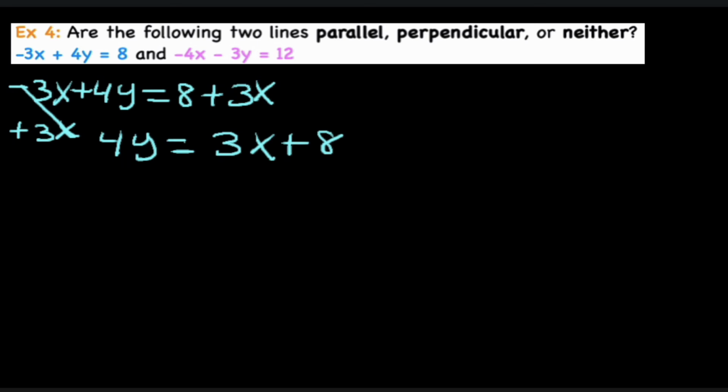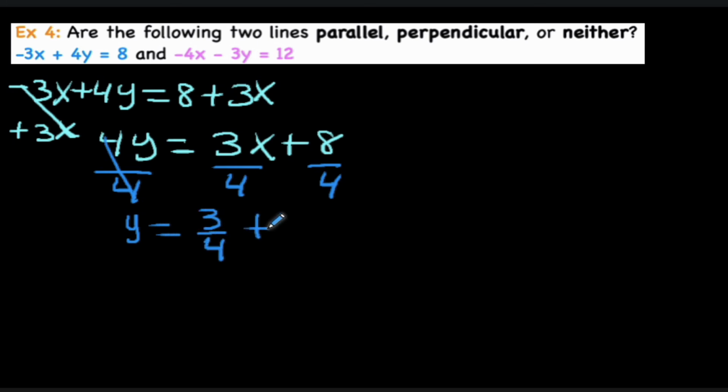Okay, we're going to divide by the coefficient on y, which is 4, to each term here. So we have y equals 3/4 x plus 8 divided by 4 is 2. Okay, so far we have a slope of 3/4.